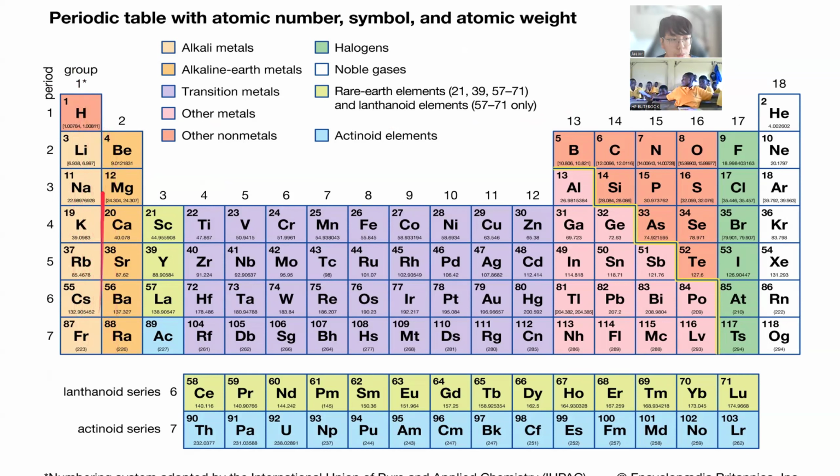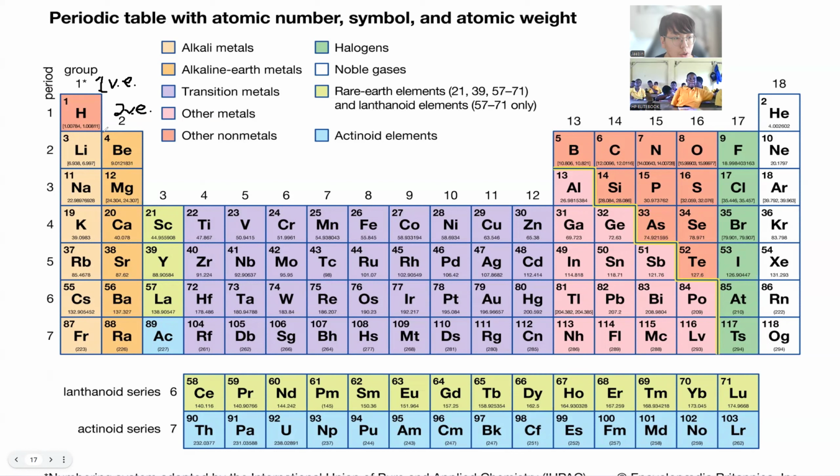And in group 2, we have 2 valence electrons. We can actually skip the transition metals, move on to 13. Actually, we can call this the third major column, which has 3. VE is the valence electrons, the electrons in the outermost shell.